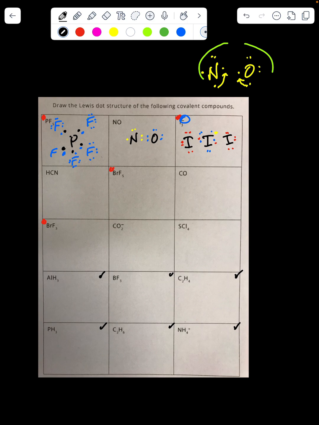Won't get 8. BrF, this one does the same kind of thing that iodine did up here, where it flares out the double pair here, and then it's single, single, single. So if you start there, you should be fine.